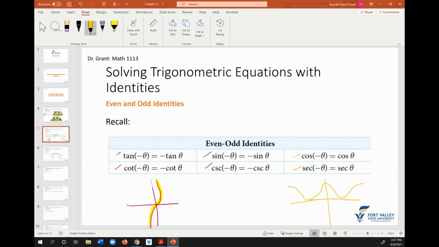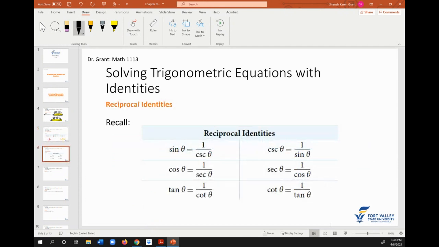So basically, cosine of negative theta is going to be equal to cosine of theta. I'm not sure if that helped anybody, but we have 4 odd identities and 2 even identities. And these are the reciprocal identities that I mentioned, that if you were to know these in conjunction with your Pythagorean identities, then you should be fine.